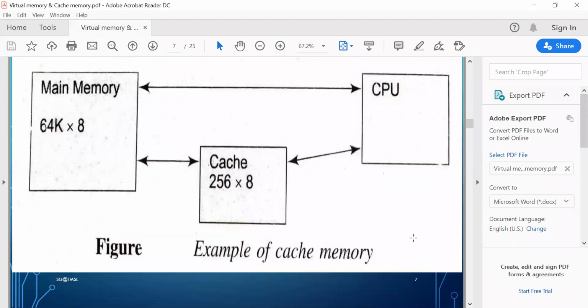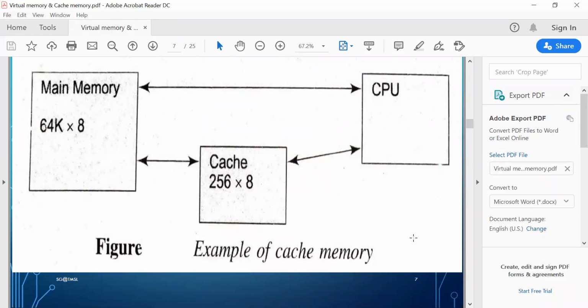So here is an example. It is an example of cache memory where the cache can store 256 words, each of 8 bits, out of 64 kilobyte words in the main memory at any given time.